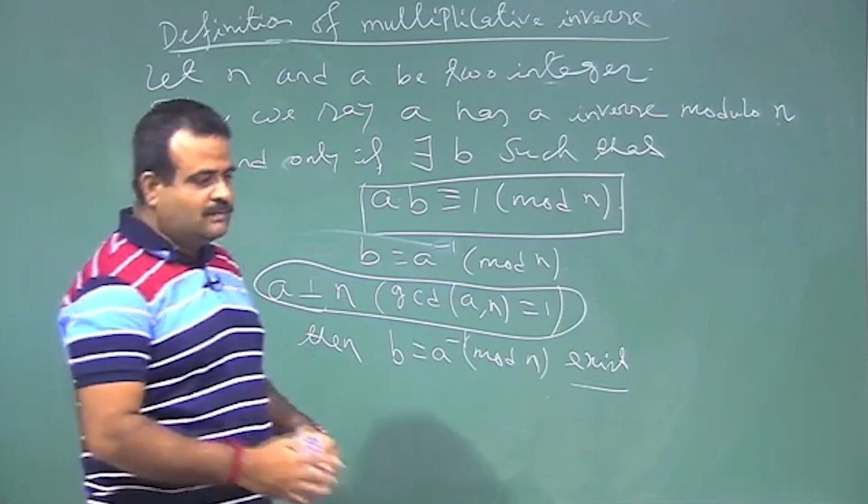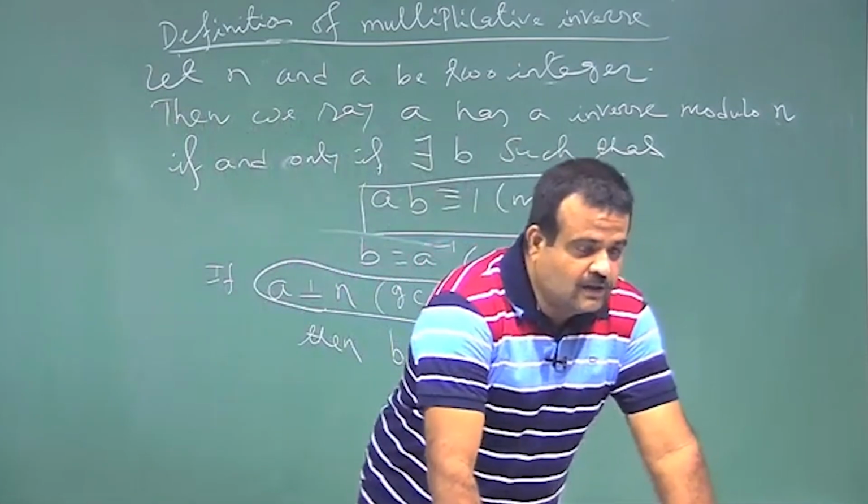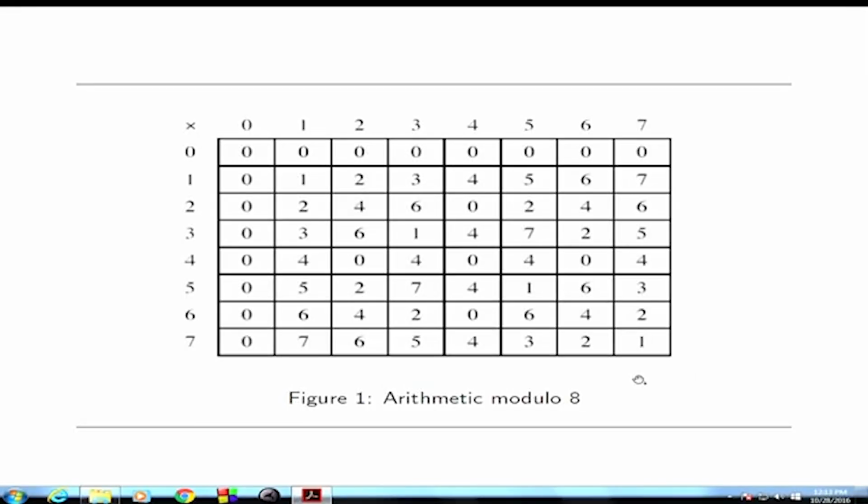If you look at the table in the slide, n is 8. If you take any element A which is co-prime with n, like 3, then 3 has the inverse. Again 5 is co-prime with 8, so 5 has the inverse. 7 is co-prime with 8, so 7 has the inverse.